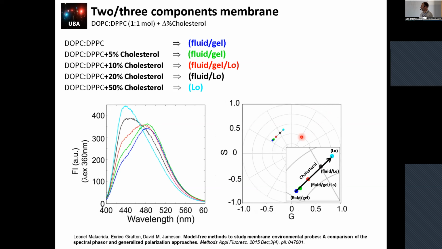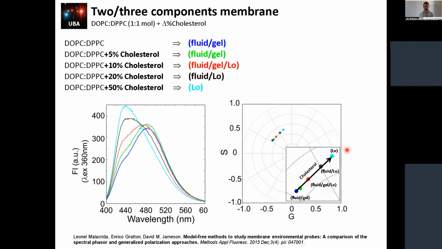Let's see if phasors help us in that way. When we transform the same data to the spectral phasor, you see that it's very simple: everything falls in a line, and what is changing is basically the fluidity, the dipolar relaxation and polarity, and all the points are in a linear combination between the beginning and the end of the trajectory.